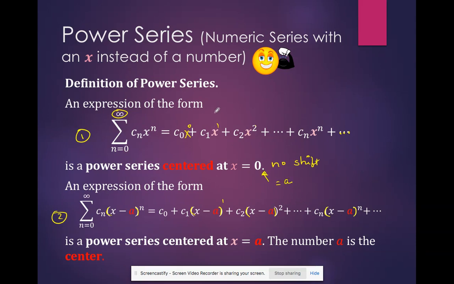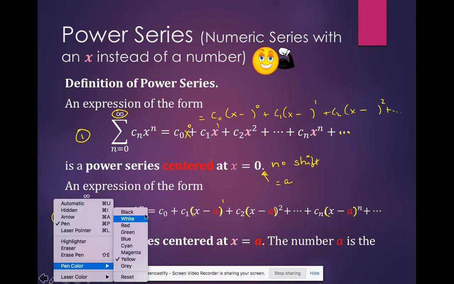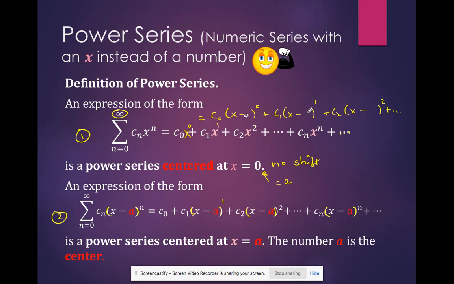It's just that a is 0. So in other words, I could go up here and rewrite this as c sub 0 times x minus the center to the 0 power, plus coefficient sub 1 times x minus the center to the first, x minus the center squared. It's just that in this case, my center was 0, so I didn't have to write it.